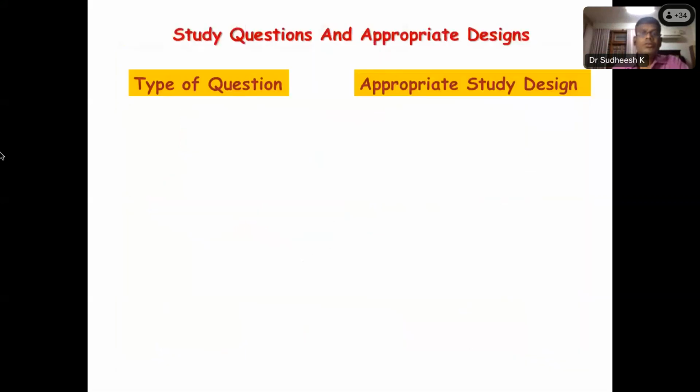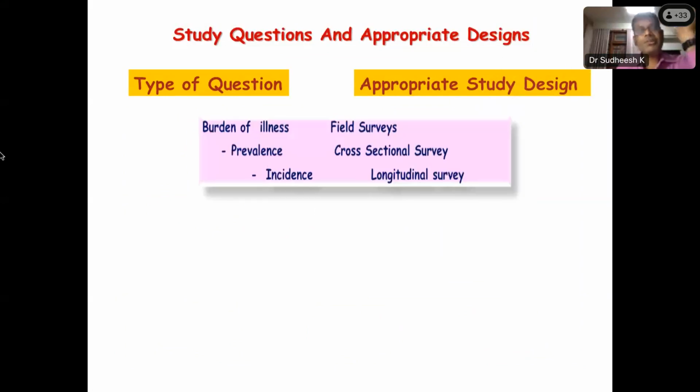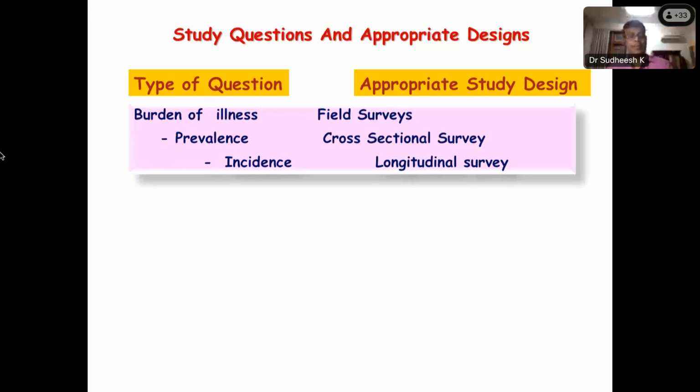So now the simple thing is, you might always have this thought in your mind, like what kind of study design I need to take for what kind of study question. Suppose you are doing something like a burden of illness, for example, what is the incidence of nausea vomiting following administration of intrathecal morphine, or what is the incidence of post-dural puncture headache following spinal anesthesia with a 25 gauge spinal needle.